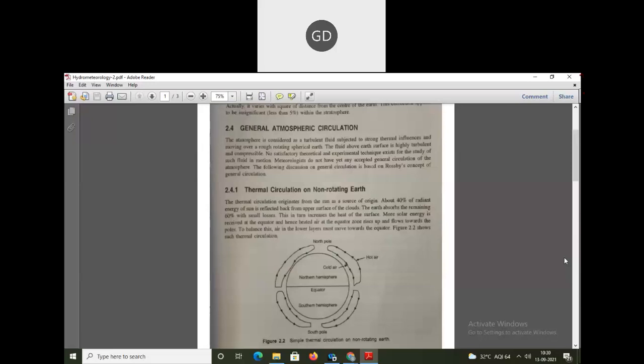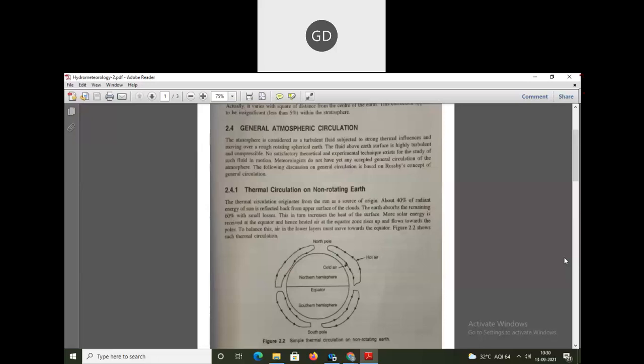So what happens is that about 40% of the energy from the sun is reflected by the upper surface of the clouds. And the rest, 60% of the thermal energy, goes to the earth.